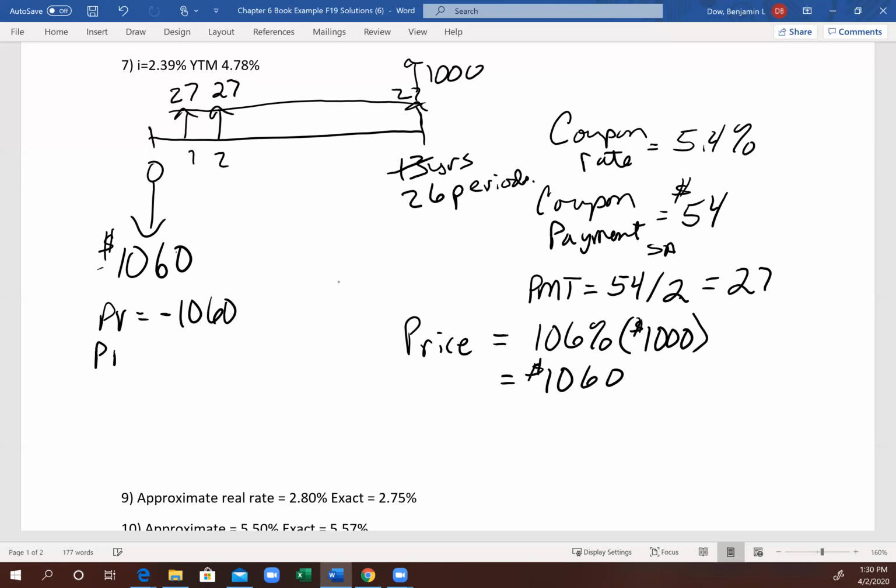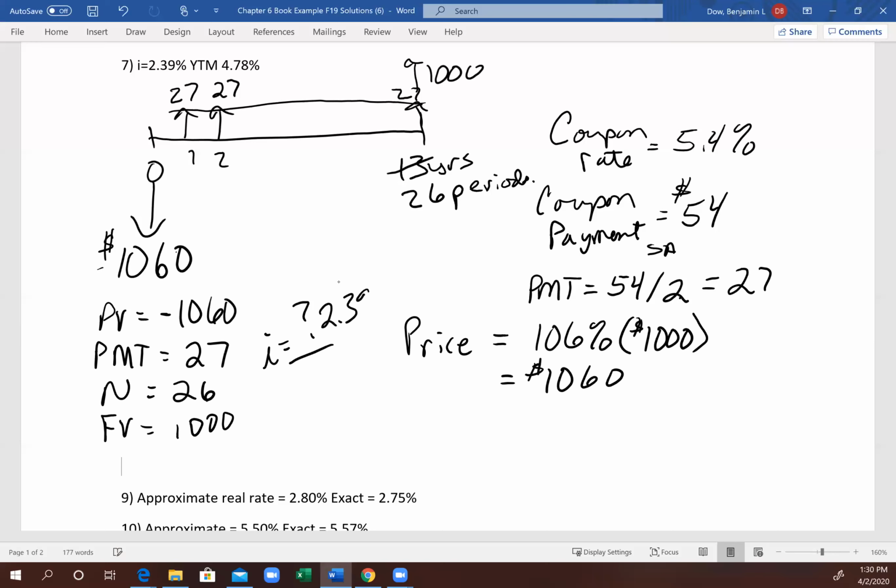We've got payments of $27. We have 26 of these payments. We have a future value at 1,000, and we can solve for the interest rate. So if you put that in your calculator, 1,060 negative present value, $27 payments. There's 26 of them, $1,000 future value. Solve for I. I is equal to 2.39%.